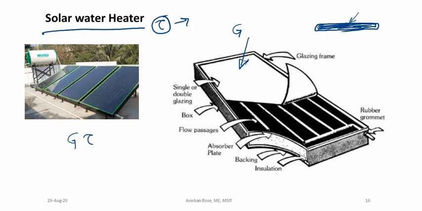Again, the black plate can reflect some of it, absorb some of it, or transmit some of it. But the amount that it will absorb is, say, alpha, the fraction of energy coming onto the black plate.